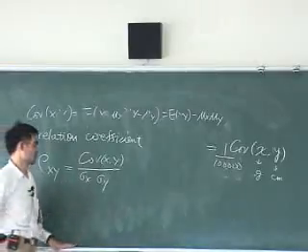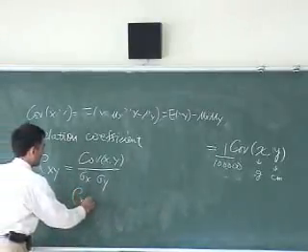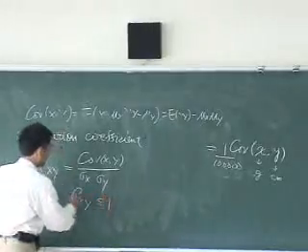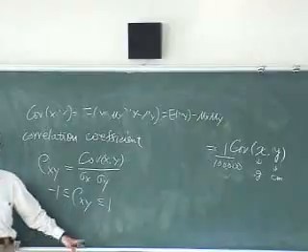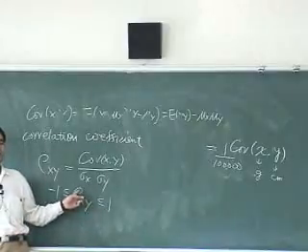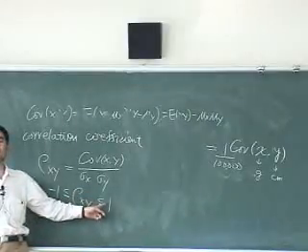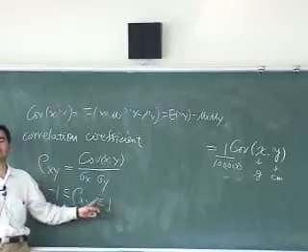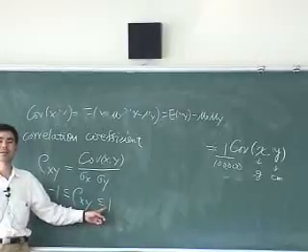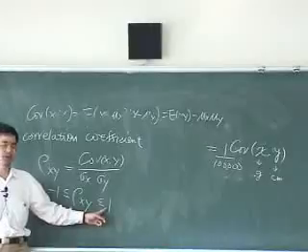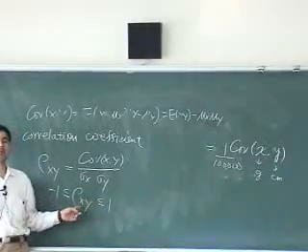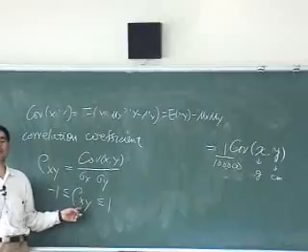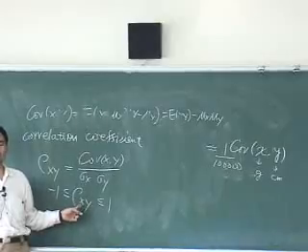The limit is that rho xy is less than or equal to 1 and greater than or equal to negative 1. So when rho xy is equal to 1, what does that mean? That means x and y are perfectly positively related.